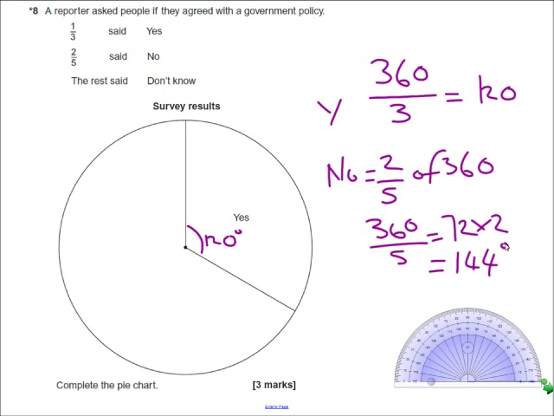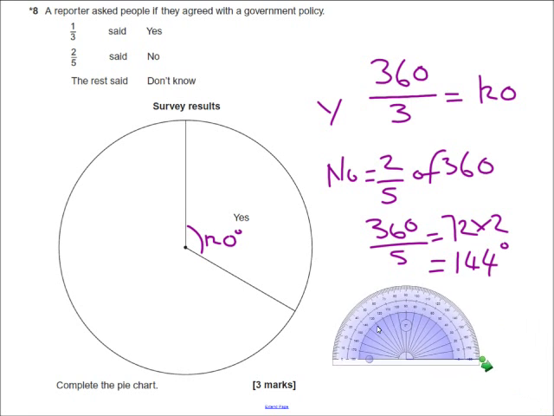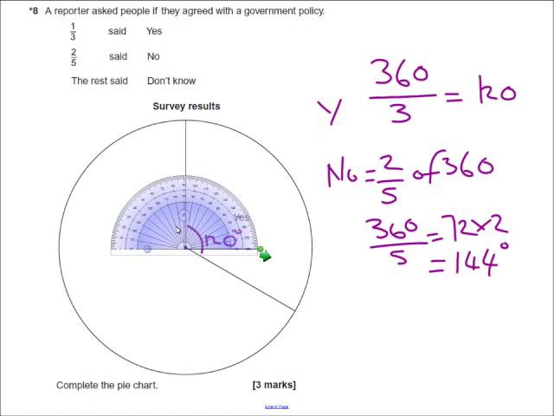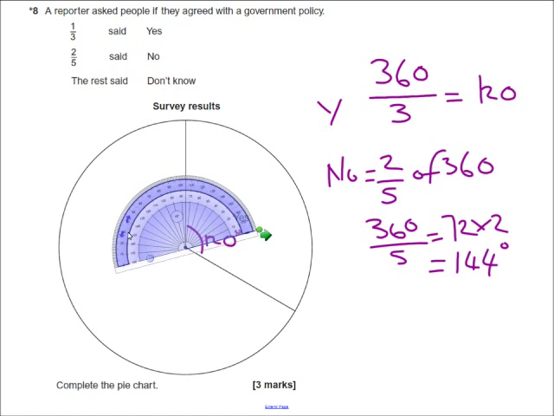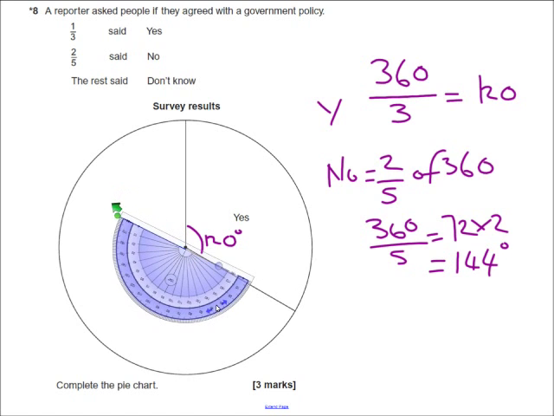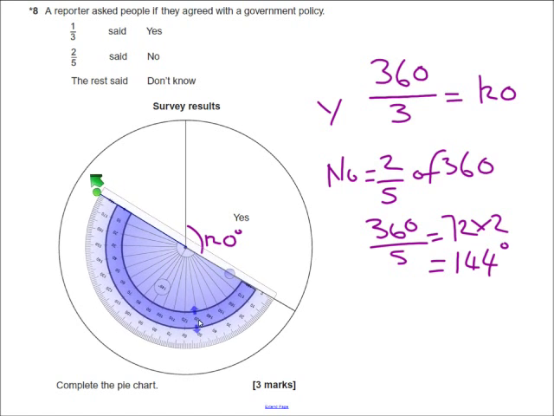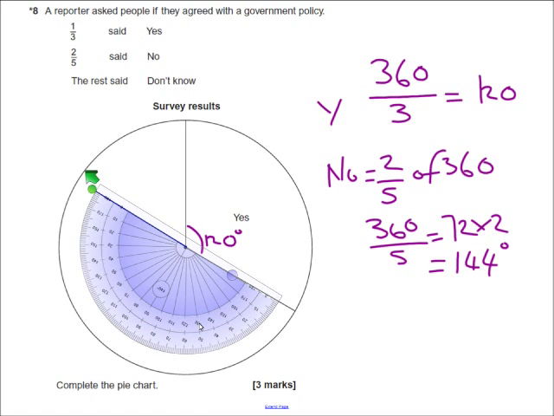Now this is the tricky bit, doing it with the protractor. So we need to take our protractor and put the centre of our protractor on our pie chart. We need to spin the protractor round and put the baseline in line with the baseline that we have for our yes vote. Just like this. Okay? And then using the 0 that we have here on this side with our baseline, we need to go round and plot 144 degrees.